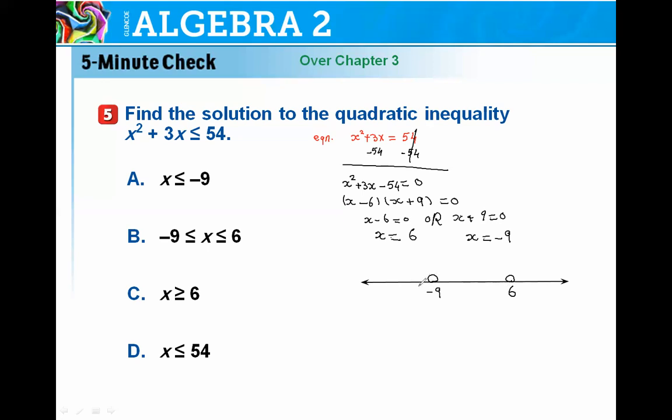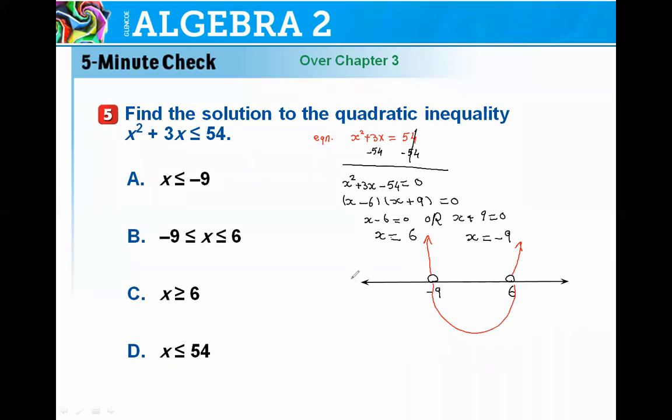This divides the number line into 3 regions. We can now draw the parabola. This is my parabola, like this, for example. I need to make a test for the 3 regions.